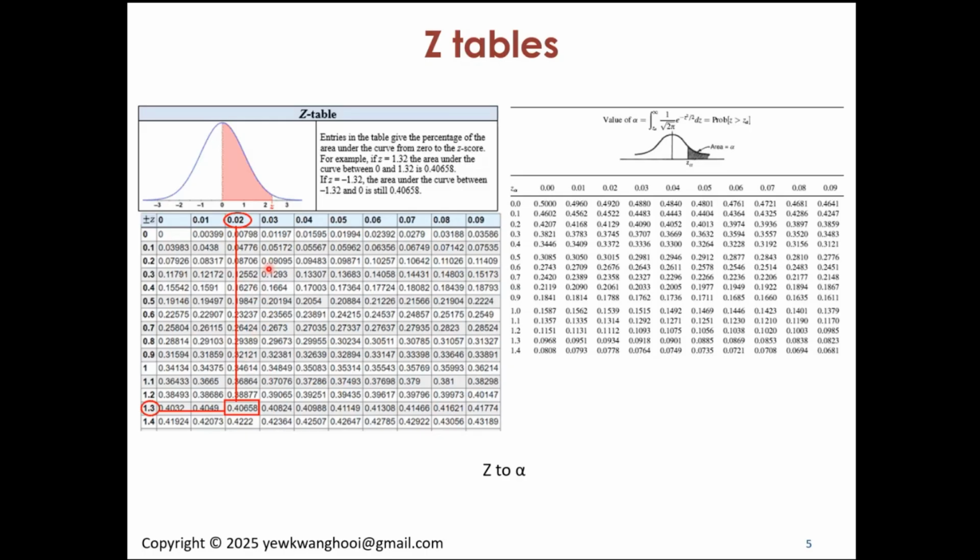And the Z here is from 0 to Z. 0 to Z. So it's only covering the right side of the chart. All right. So whatever value is given here is showing the right side. But what about the left-hand side? The left-hand side, as we know, is another half, right? 0.5. It's another half. So here on the left-hand side, 0.5, and then on the right-hand side is another 0.5.